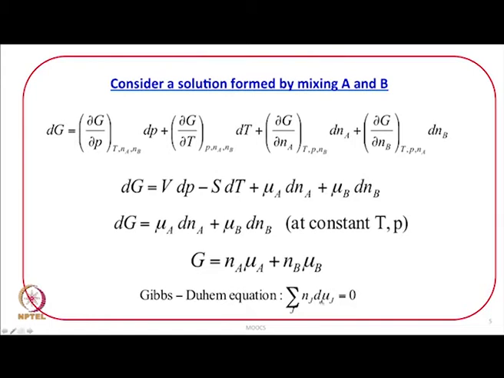That means if the chemical potential of one species decreases, the chemical potential of the other species must increase to keep this summation, the decrease or increase weighted by their number of moles, equal to 0. The Gibbs-Duhem equation is an important equation which establishes a relation between the changes in chemical potential and number of moles.